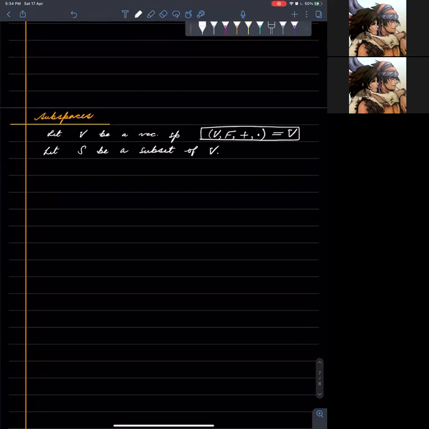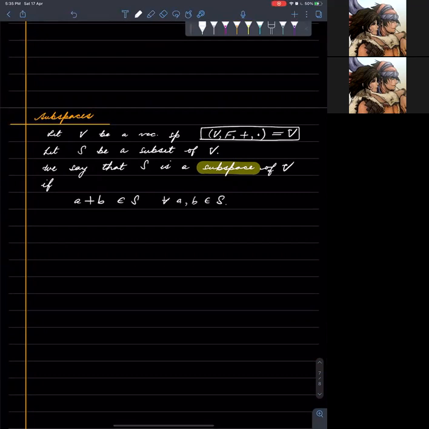What do we mean by that? We say that S is a subspace of V if u plus v is in S for all u and v in S. So first of all, it should be closed under addition.